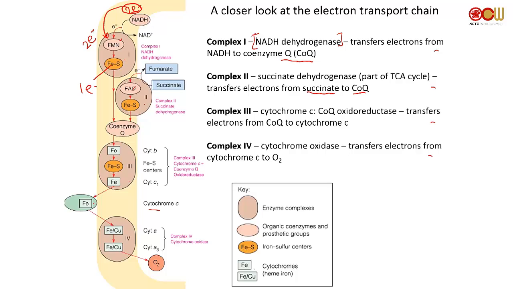This guy can take up to one electron or 2 electrons, and every time it passes 1 electron to iron. So FMN is like a little adapter for converting NADH to iron.